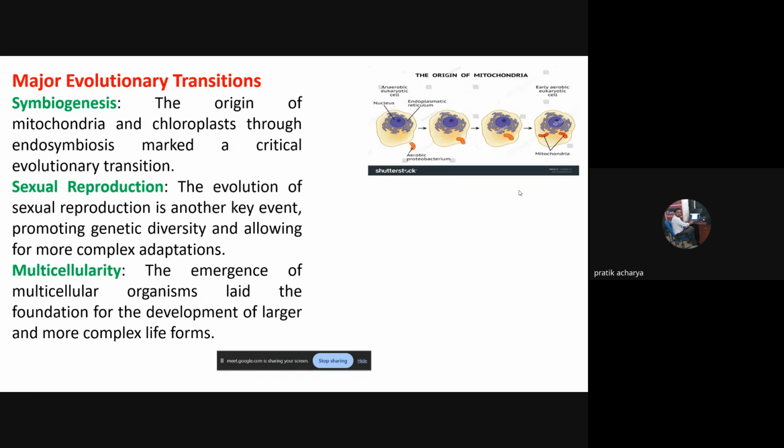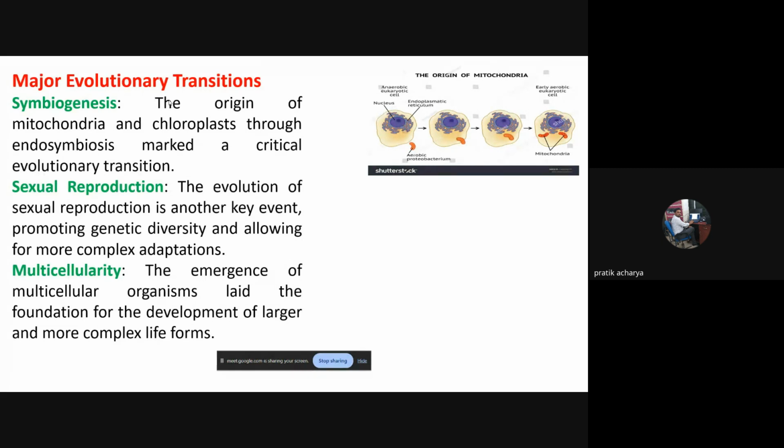Already we have discussed, this is the picture: how the aerobic proteobacterium, which was considered the ancestor of mitochondria, was engulfed by the larger cell. Then they reside in the cell and develop a symbiotic relationship with the cell. So these are the major evolutionary transitions. That means the simple eukaryotic cell is getting converted to a complex eukaryotic cell.